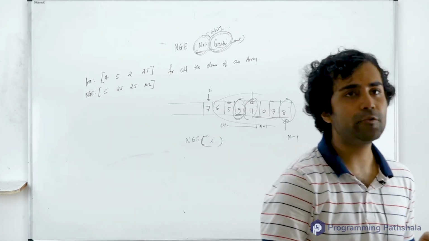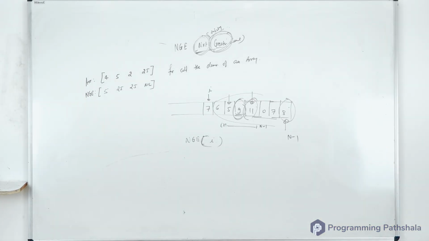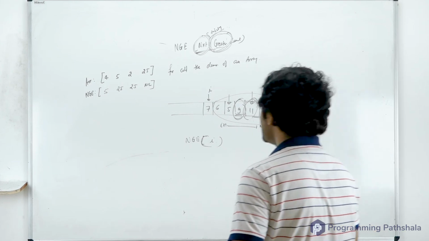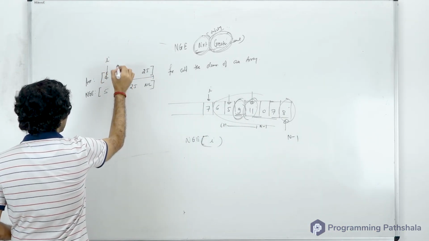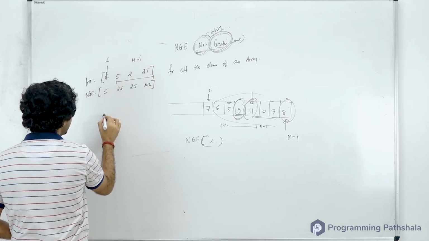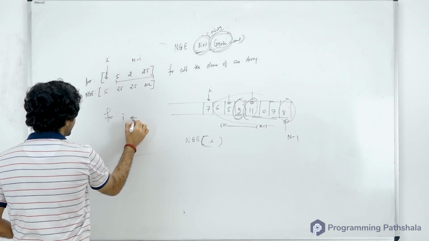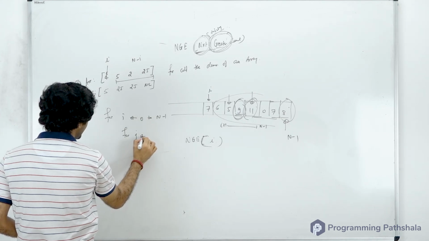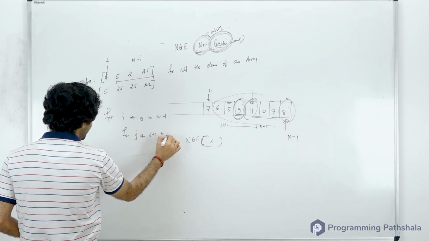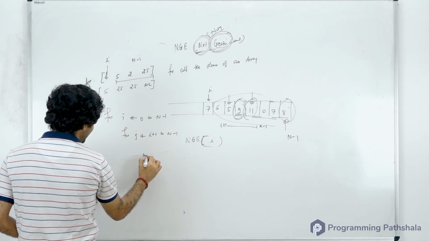So what is the brute force way to solve this problem? Yes, two loops. Very good. For every element at index I, there are n minus I candidates. So for I varying from 0 to n minus 1, your candidates vary from I plus 1 to n minus 1.